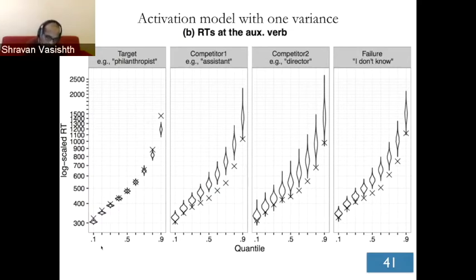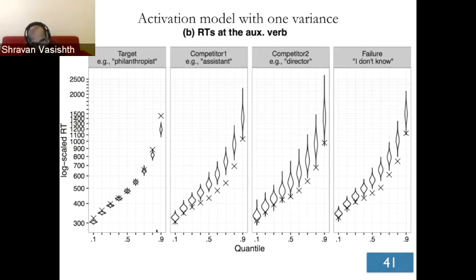And so what you see here is that the Lewis-Vasishth model actually predicts the correct retrieval times more or less accurately. These are the quantiles on the x-axis. It predicts the observed data more or less accurately. The observed data is the x's that you're seeing, right? It misses the observed data a little bit towards the edge of this distribution, but for the most part, it's doing okay.